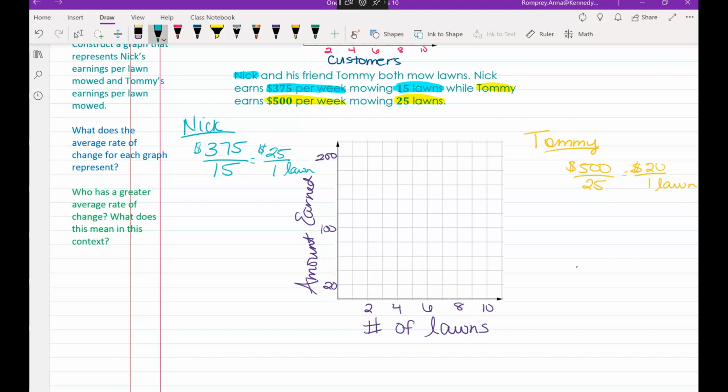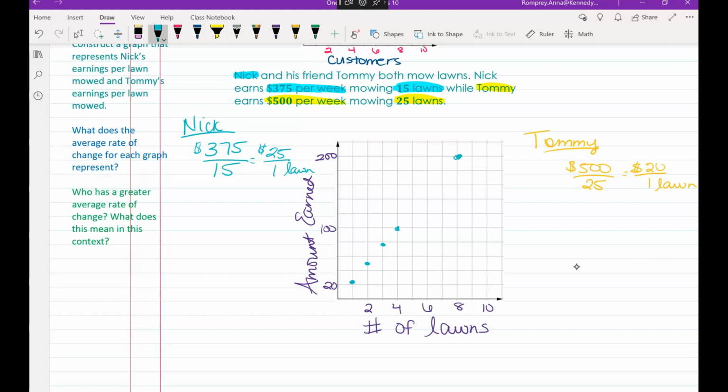Okay, so Nick is blue. So 25, so one lawn is 25. So 2 lawns would be 50. 3 lawns, 75, so come down a little, 75. 4 lawns, $100. 8 lawns, $200.